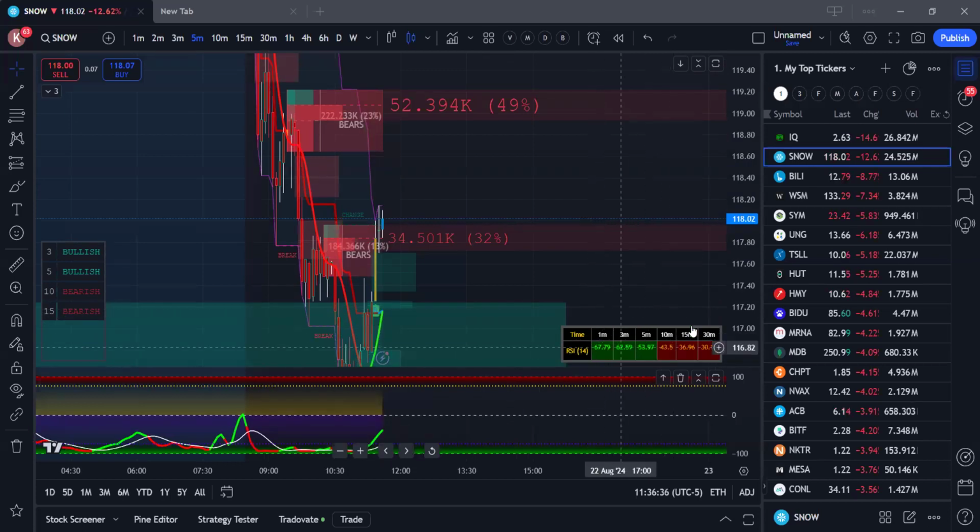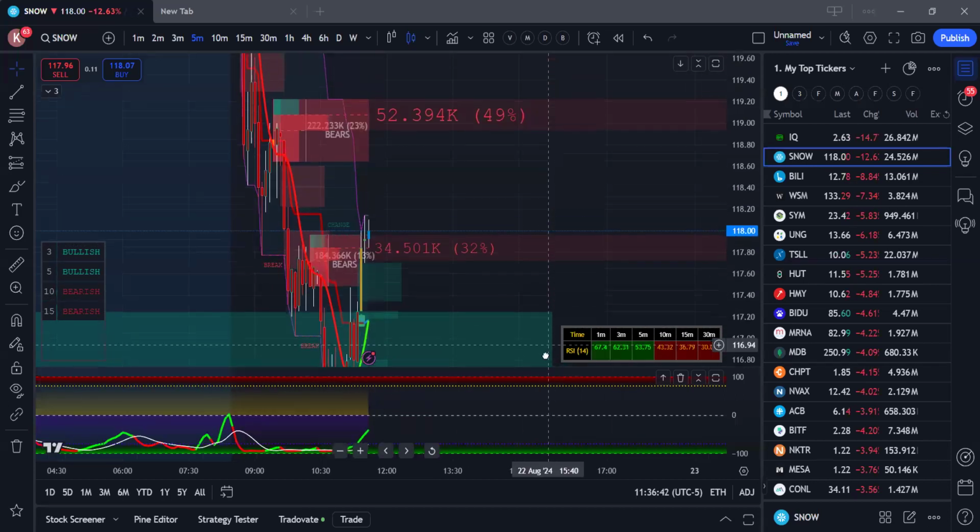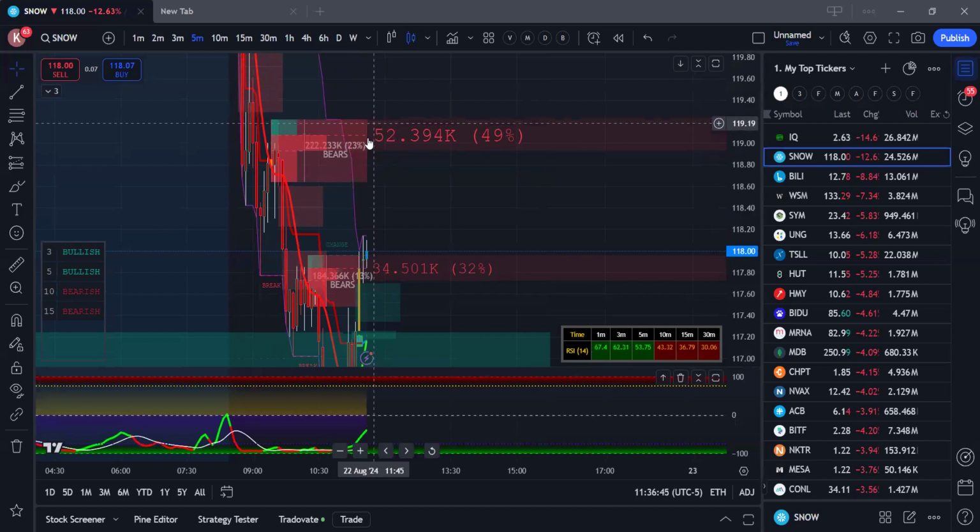As of now, all these three are green. 3 minutes, 5 minutes is bullish. It touched this one and started moving up. We'll wait for this to touch this, and then again we can buy the puts.